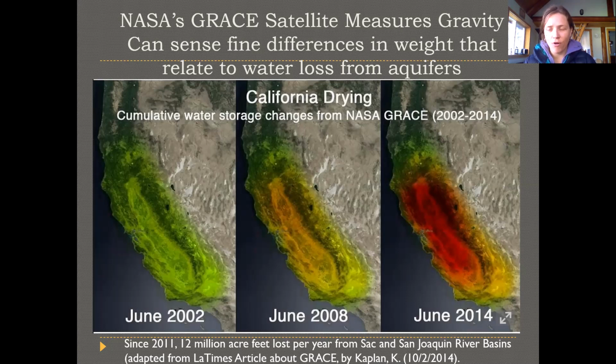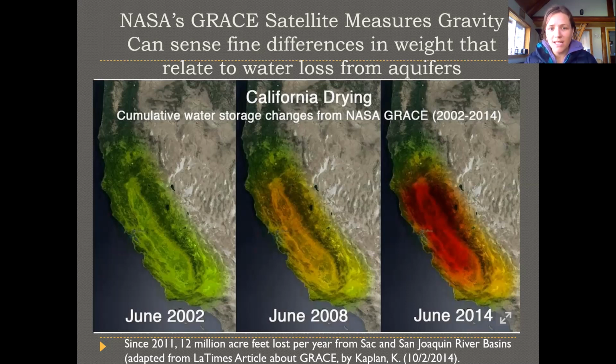And that is a force that can actually be sensed, so we can tell how much pull certain areas of ground have on objects around them. Ground that's saturated with water is more dense, it has more mass than ground that's not saturated with water. So it has a different gravitational pull on objects that can be picked up all the way from space, which is pretty impressive.